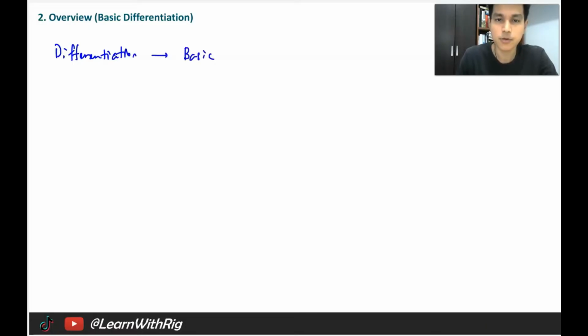How the basic one works is, for example, let's say you have 2x cubed. How are you going to differentiate this? If y equals 2x cubed, when you differentiate, it becomes dy/dx. Why dy/dx? Because you're differentiating the y equation in terms of x.